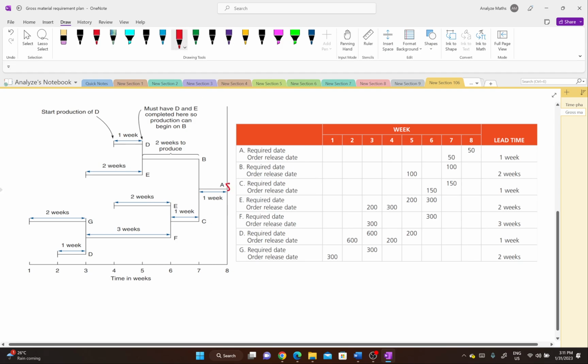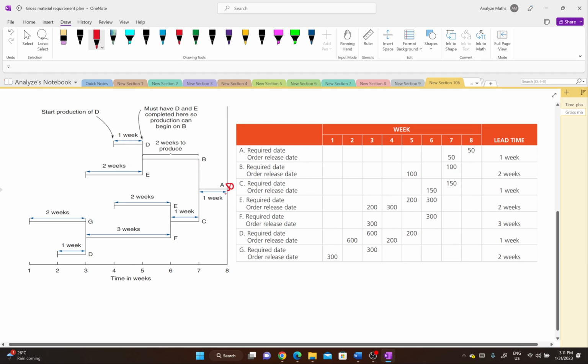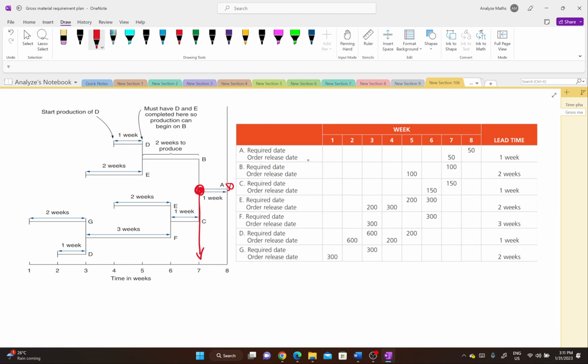That is the required date: at the end of week 8 you should have 50. But when you are going to start assembling A, from here onwards, which is week 7, the order release date is the date where you start assembling your speaker. You start here with 50 units, so you end up here with 50.